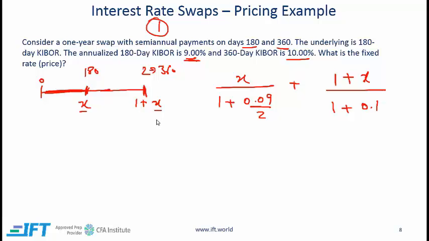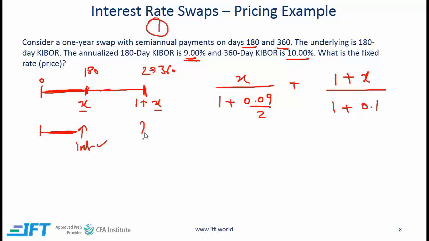What about the present value of a floating instrument? Now with a floating instrument, do you know the interest rate for this period? So you know 180-day CIBOR, which means that you know the interest payment over here. Do you know the interest payment over here? You don't. Why?